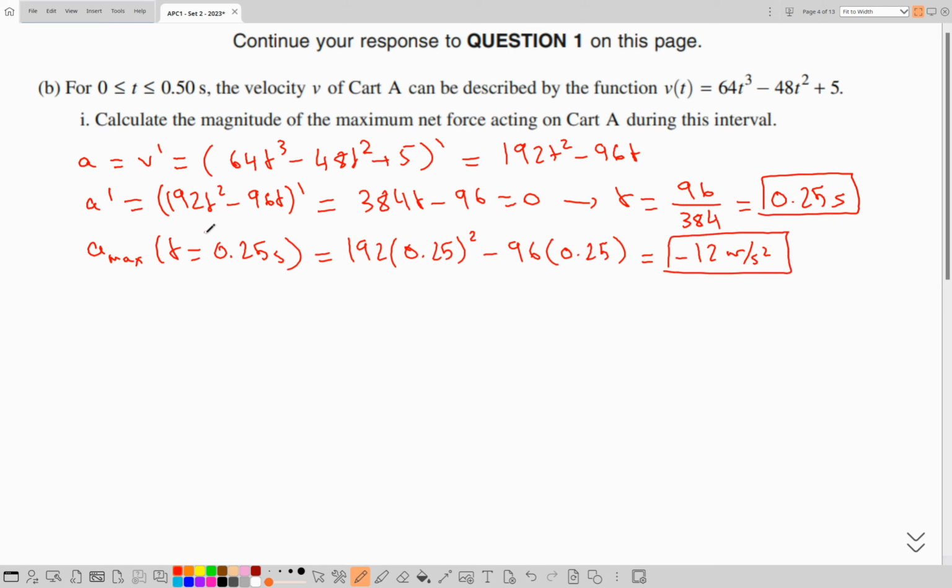Now we're ready to calculate the maximum net force. So I will say that F net max is equal to the mass multiplied by a max, using Newton's second law. Now the mass, if you recall, is 1000.